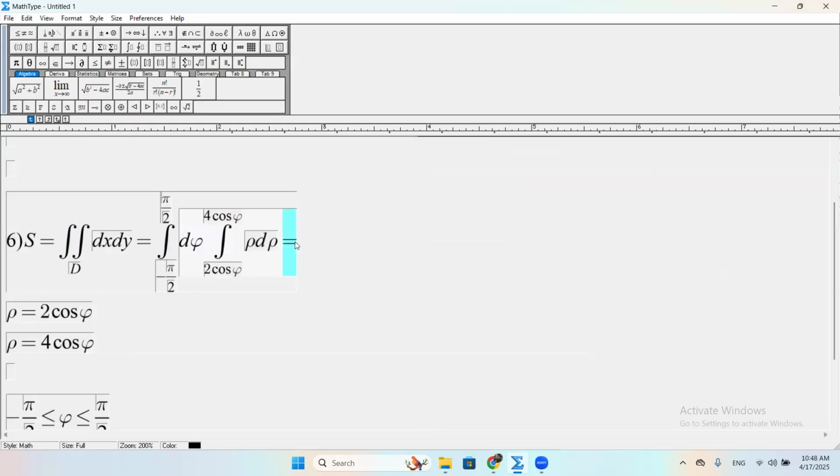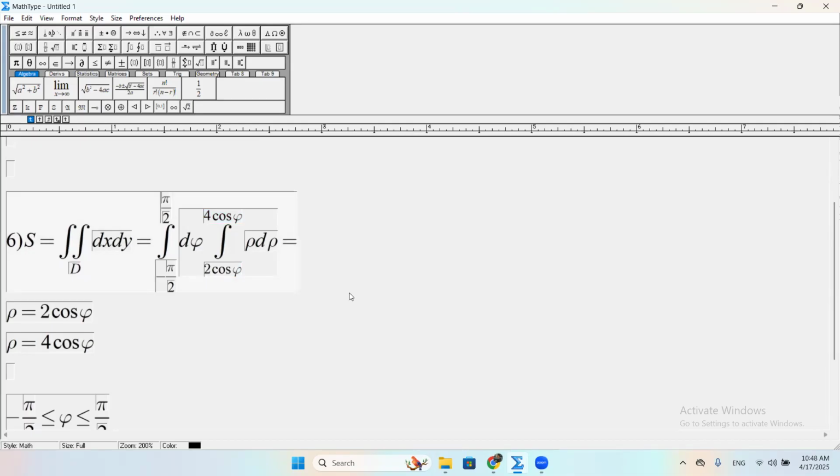By the way, pay attention that in this case you have no ability to rewrite this integral as a product of two independent integrals, because we cannot separate variables. We have cosine of phi in the region of integration here.